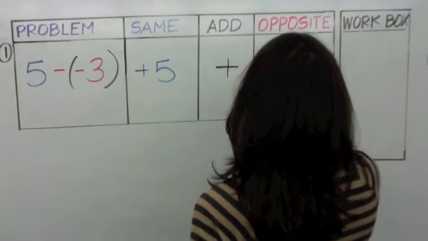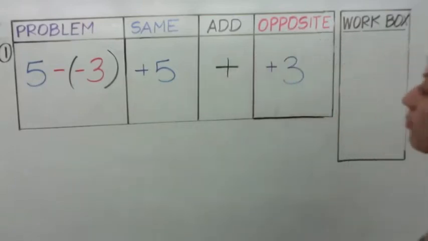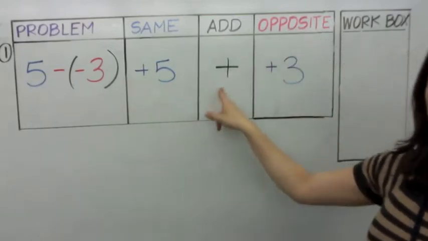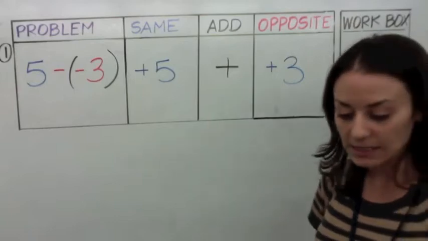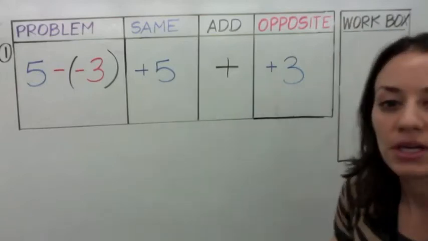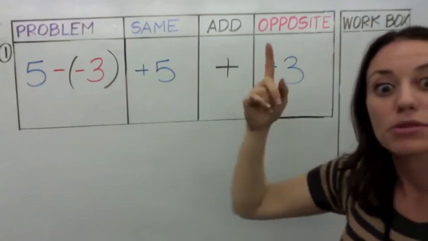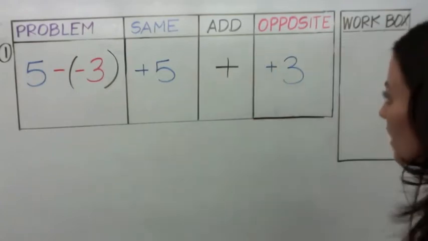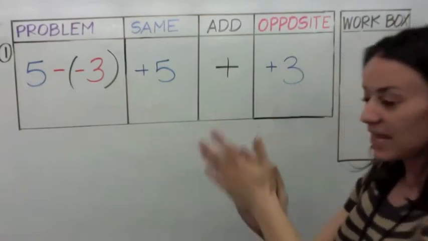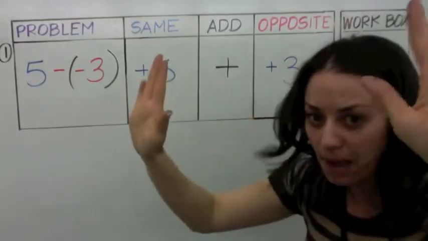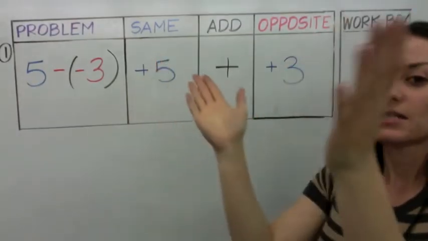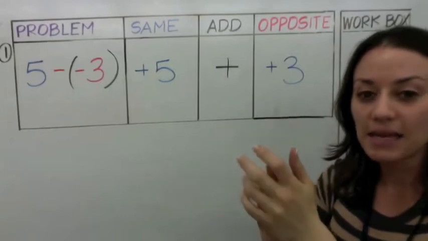And here you have a new problem, and it says positive 5 plus a positive 3. Oh, that's easy. Are they both blue? Yes, that means the signs are both the same. They're both positive, right? So you see, same signs, add and keep. Good job.